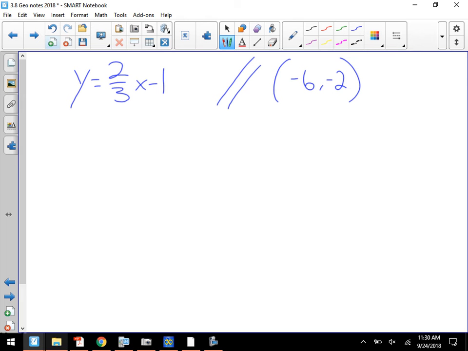Same idea. Write the equation of the line that is parallel through the point -6. Again, we're just going to go through all the steps real fast. We'll do a couple perpendiculars, a couple other ones. We'll go from there.